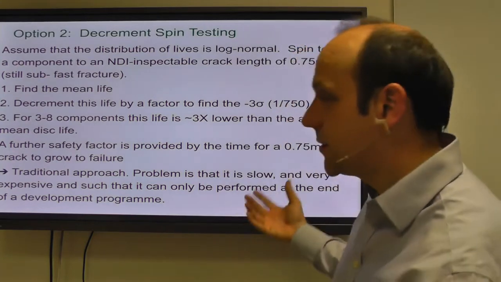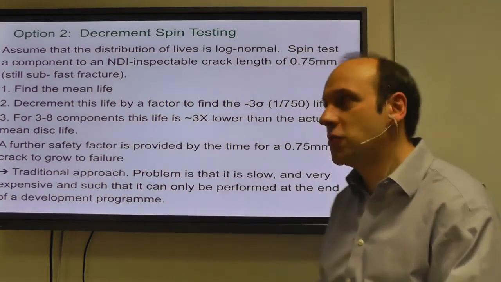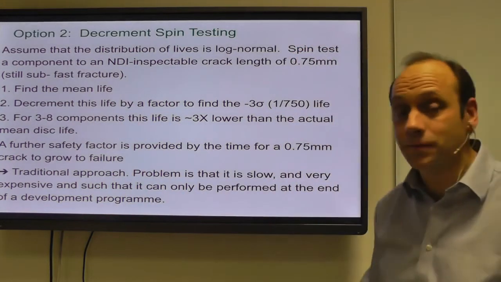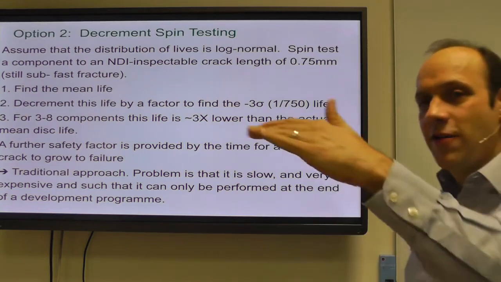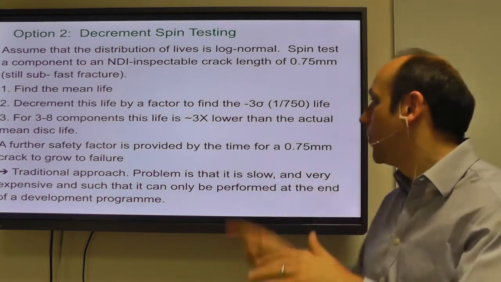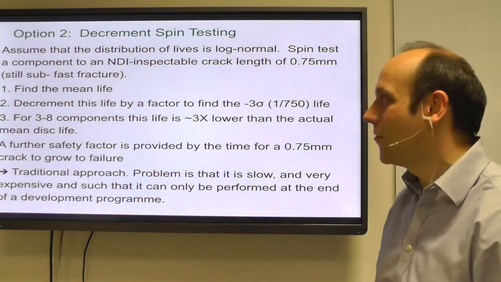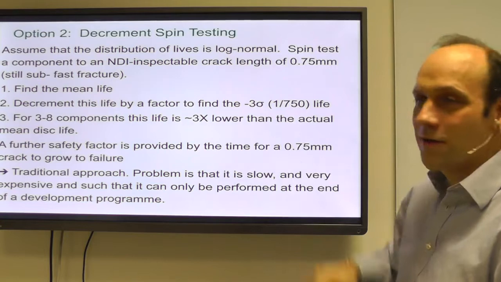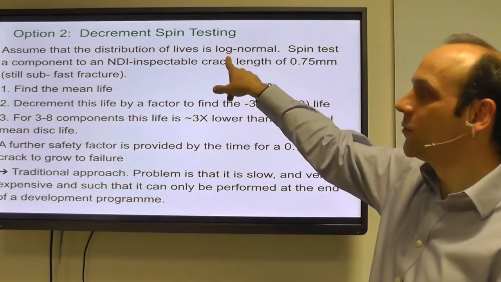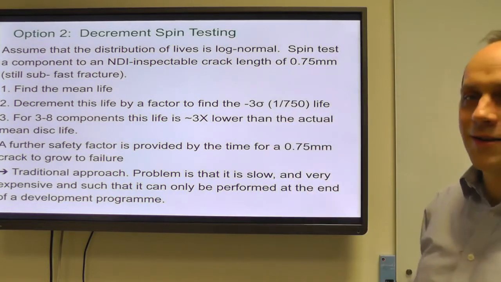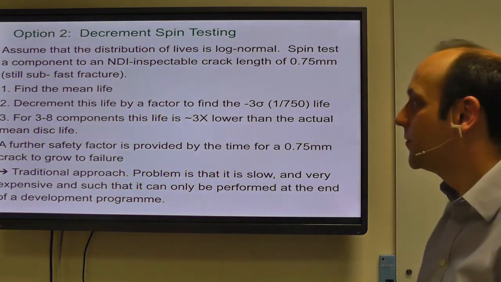Do that 6 or 8 times till you find a mean and a standard deviation for the life to that crack length. You can then decrement that by a factor of 3 sigma. If you know the uncertainty and the mean, you can find the minus 3 sigma life, which if it's a log normal distribution of lives will be the 1 in 750 chance of failure.